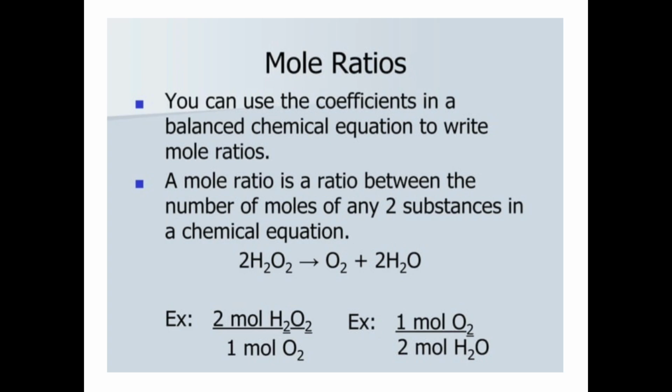So the relationship that exists between them is that 2 moles of hydrogen peroxide produce 1 mole of oxygen and 2 moles of water. Or we can say the products of this reaction are oxygen and water in ratio 1 to 2. So this is how we use coefficients to write the mole ratios.